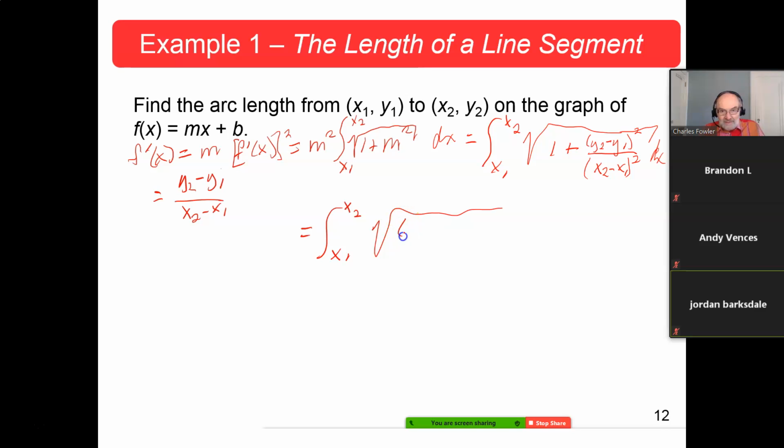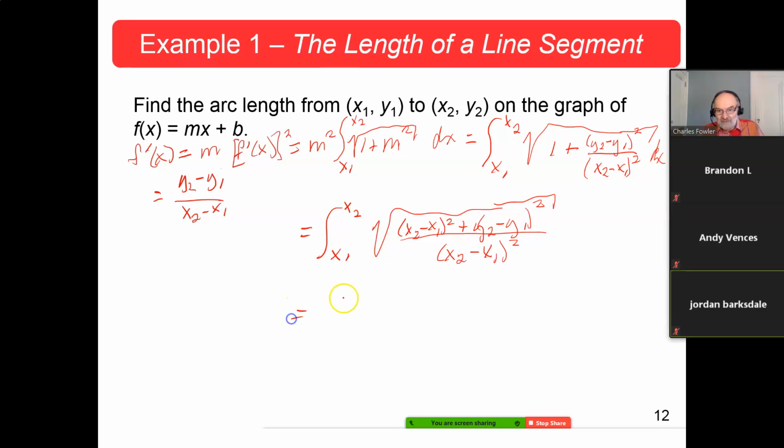So this would be an x2 minus x1 squared plus a y2 minus y1 squared, all over this same denominator, x2 minus x1 squared. But guess what? That's a perfect square inside a square root, so you can take that out.